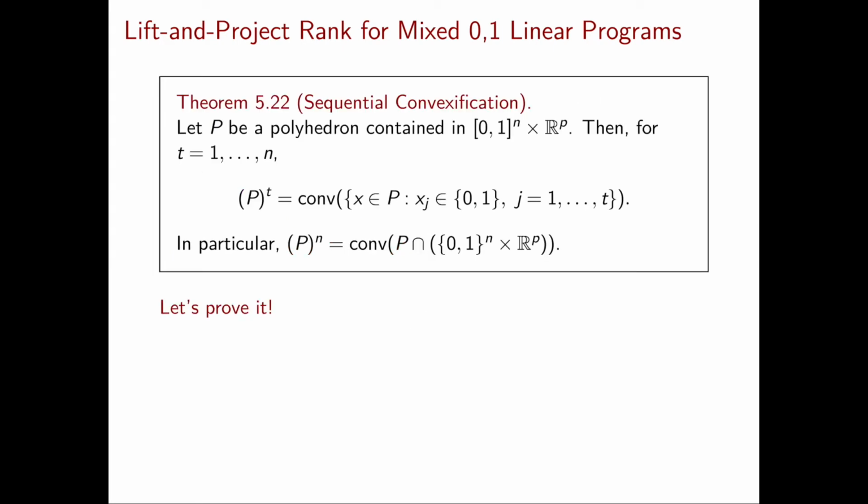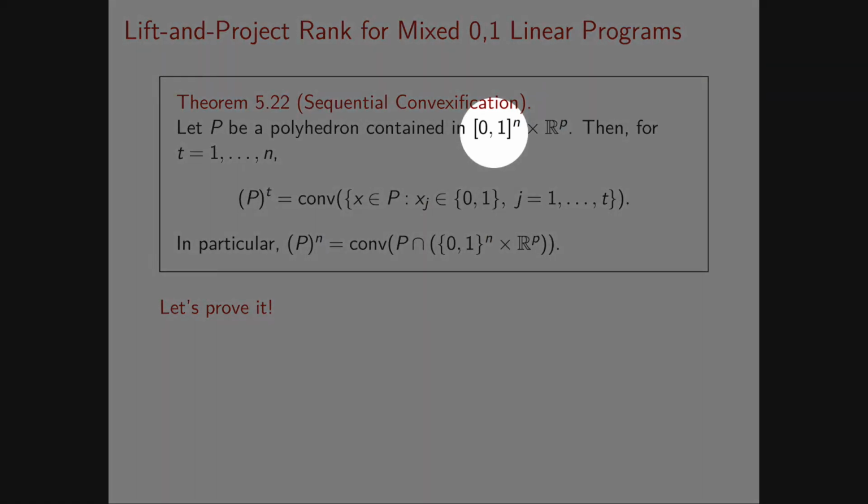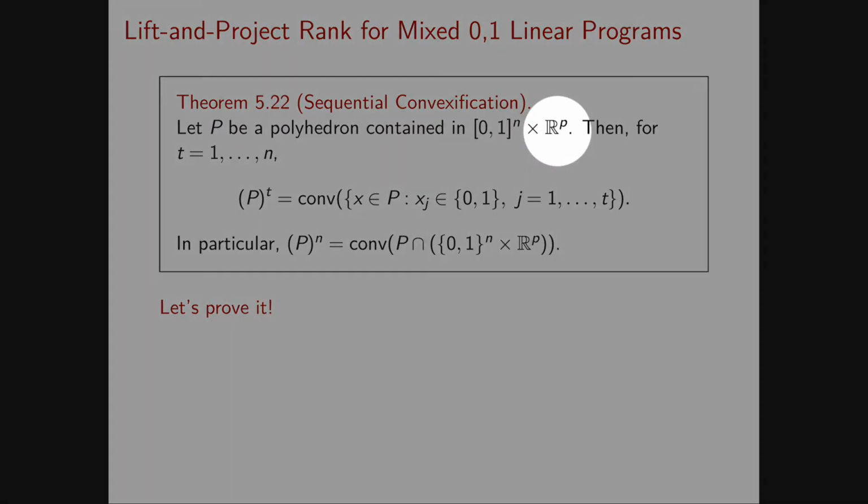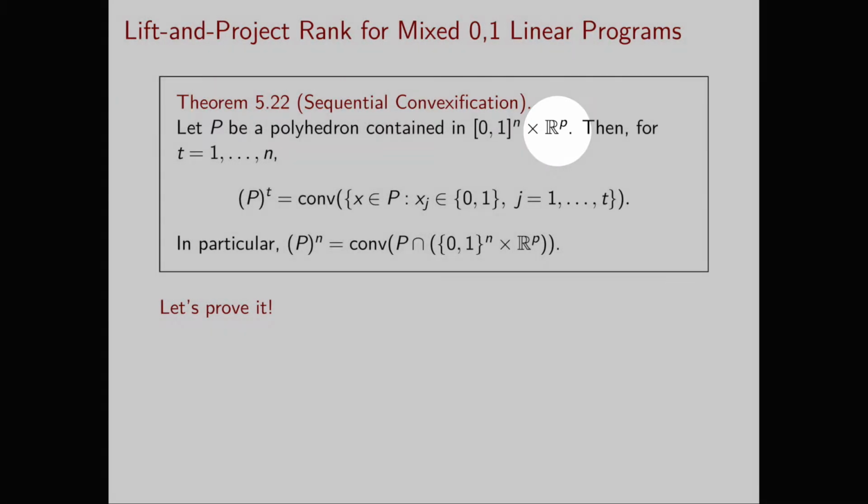We are now ready to prove the main result on lift and project. It's called sequential convexification. We have a polyhedron P with x variables contained in the hypercube 0, 1 to the n and with other p, y variables.